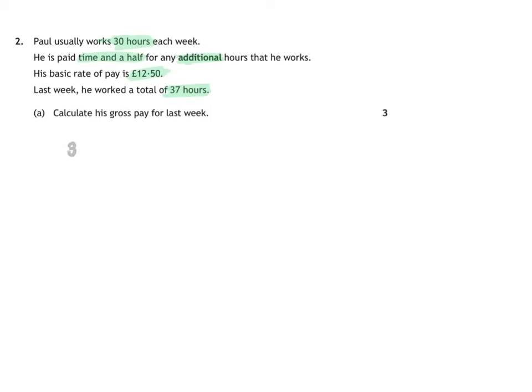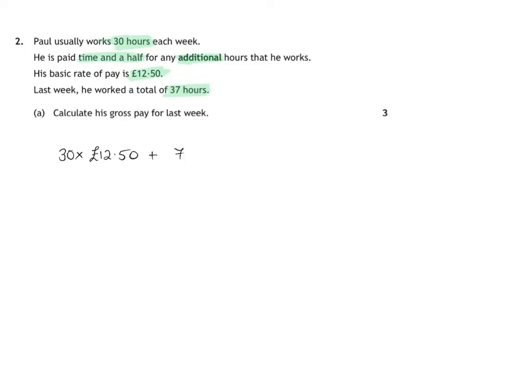We need to be using the normal pen. So the 30 times £12.50 is one of the things we're going to have to do. And then we've got our extra 7 hours, which are at time and a half.